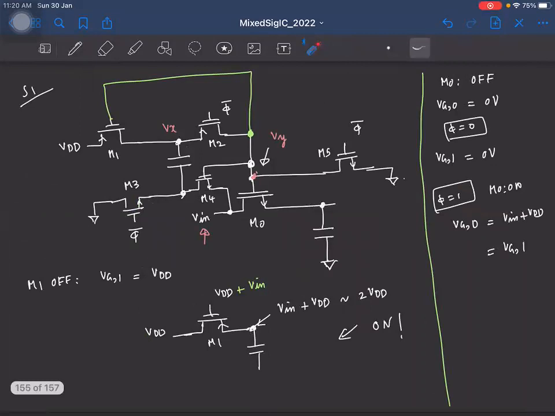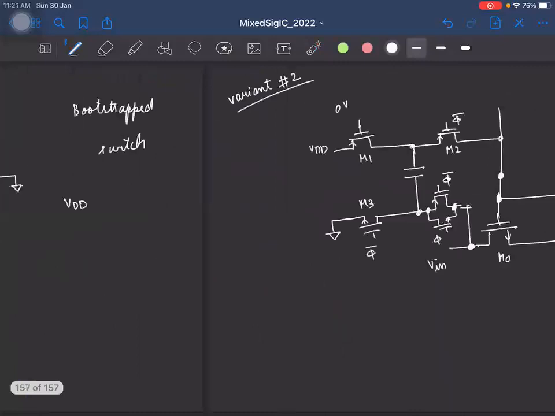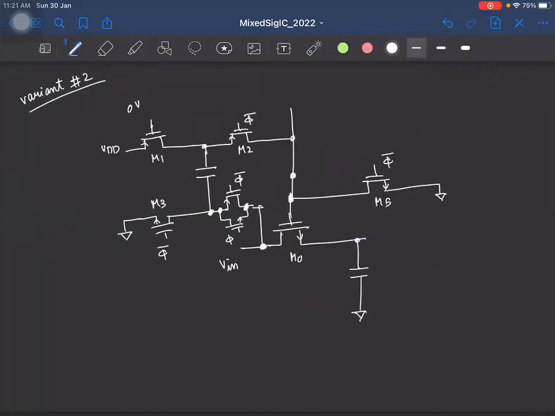So we saw that if we try to connect VDD here, it was not enough to turn the transistor off. And so we need to connect this gate to a voltage VDD plus Vin, right? And since Vin can go all the way to VDD, this voltage has to be equal to 2 VDD to make sure that this transistor definitely doesn't turn on.